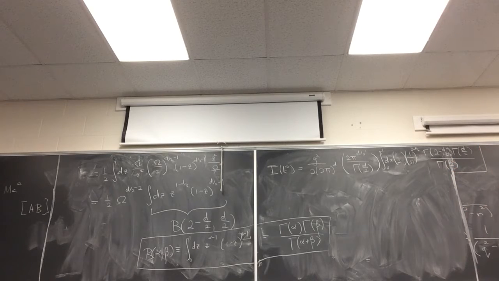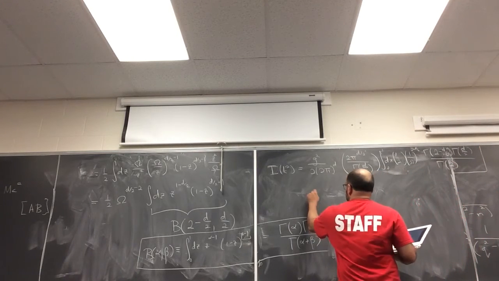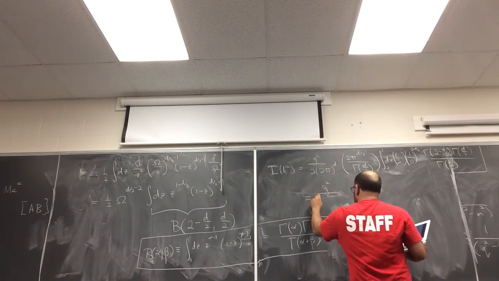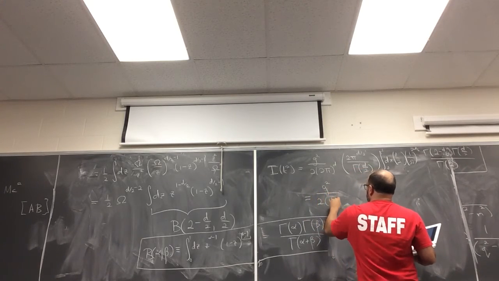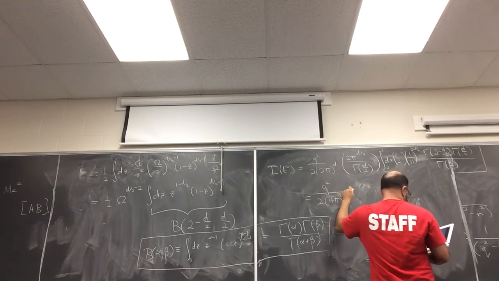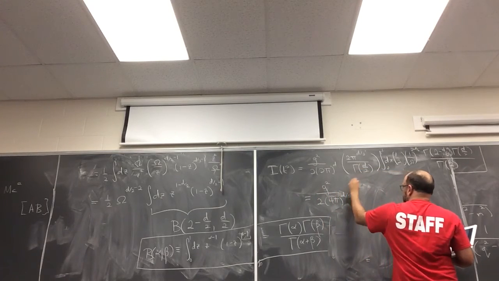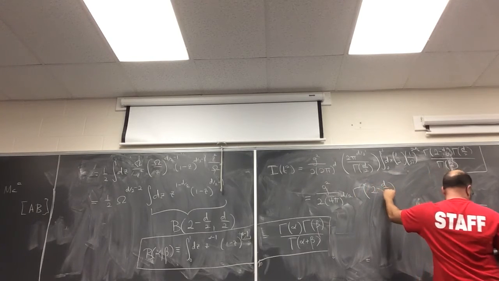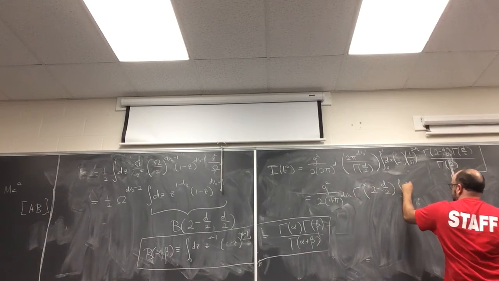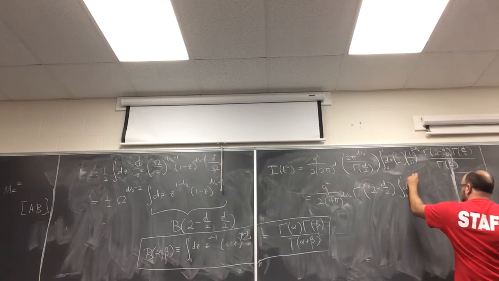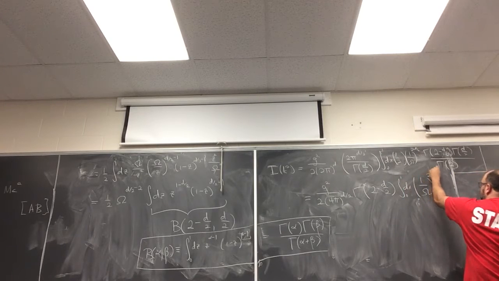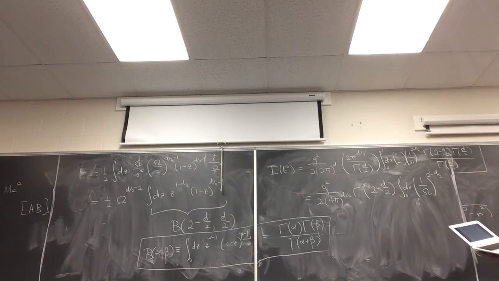Okay, and if I simplify that, it doesn't look half bad. It's g squared over 2, 4 pi to the d over 2, gamma of 2 minus d over 2, integral dx from 0 to 1 of 1 over omega to the 2 minus d over 2.